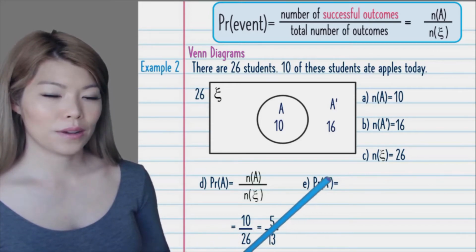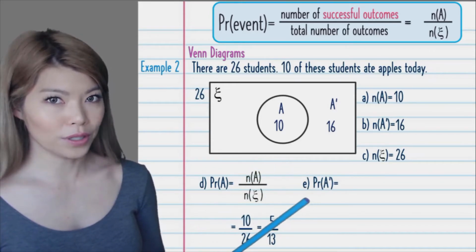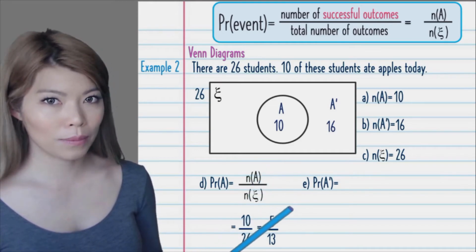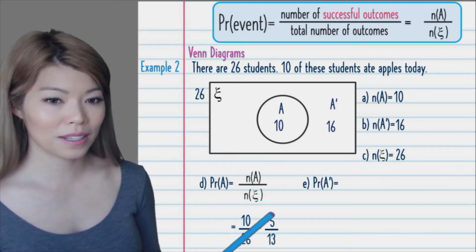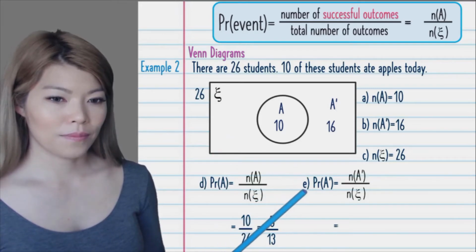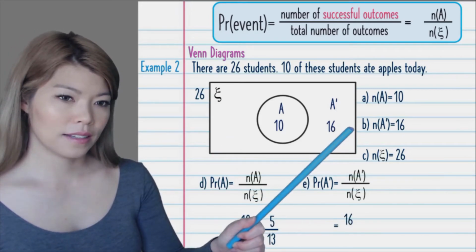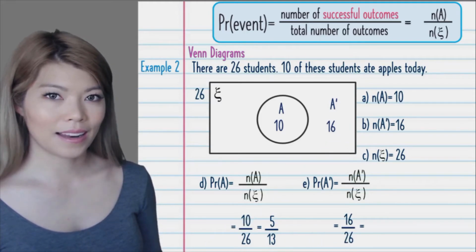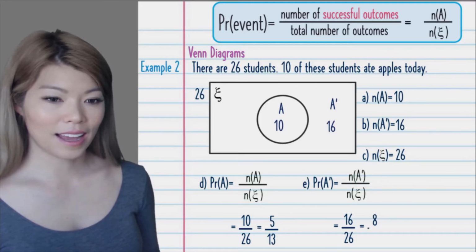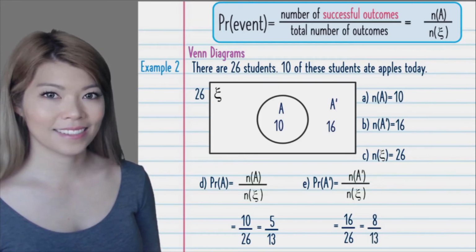The probability of A dash, or probability of not A, or probability of complement of A, I'm trying to use all three terminologies so you don't get confused, is the number of not A, 16 over 26. And that simplifies to be 8 over 13.